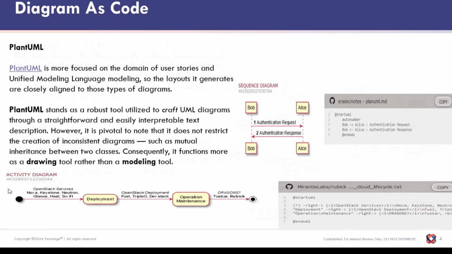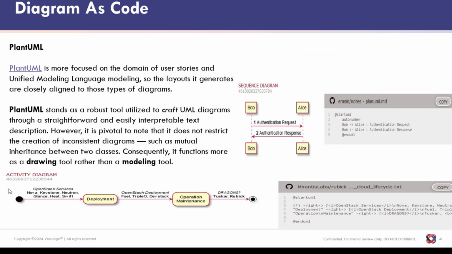PlantUML is a little bit different. It's more focused on, as it says here, the domain of user stories and unified modeling language modeling. So the layouts generated are more aligned to the user, if you will. You can see the differences between them in terms of the types of diagrams they'll generate.